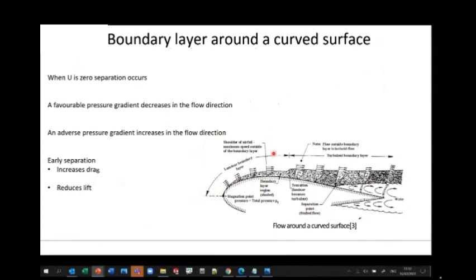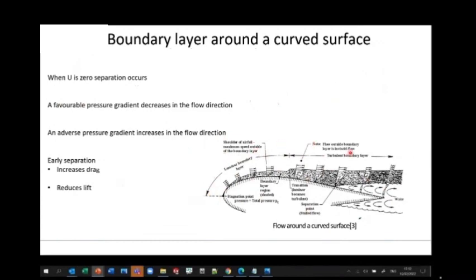Our pressure gradient is now no longer favourable, it's adverse. And what do we mean by that? Well, instead of the pressure gradient being in the direction of the fluid flow, it actually goes in the other direction. So as our height decreases, we're going to start increasing in pressure. So our fluid is trying to flow from left to right.